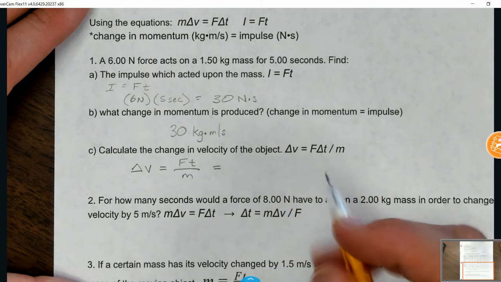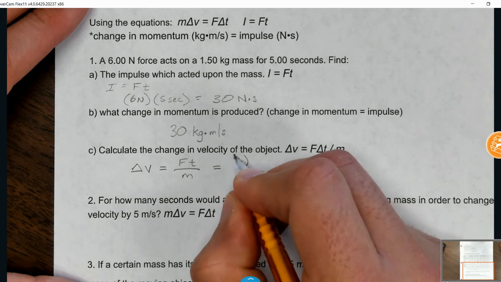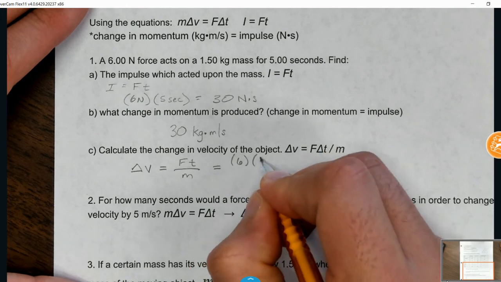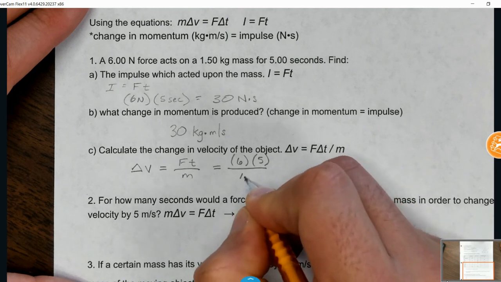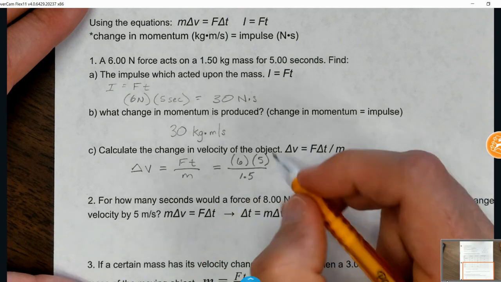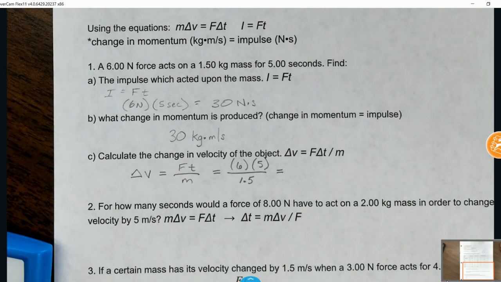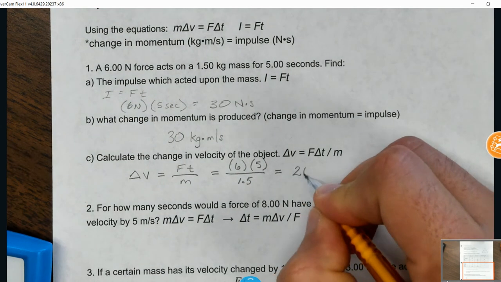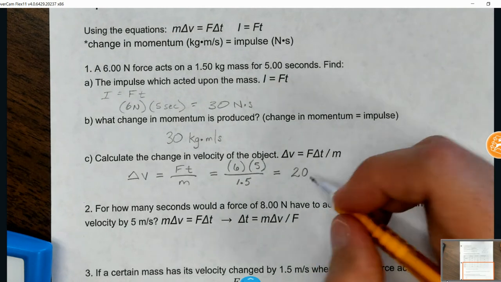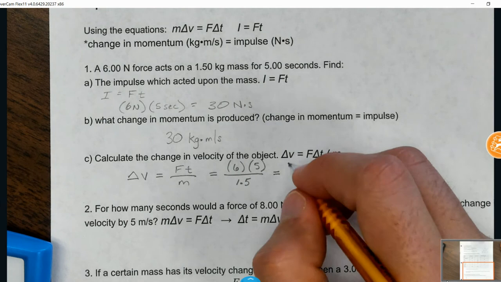We do from the part above. 6 newtons times the time of 5 seconds divided by 1.5 kilograms. Okay, what's the unit for velocity though? Meters per second.